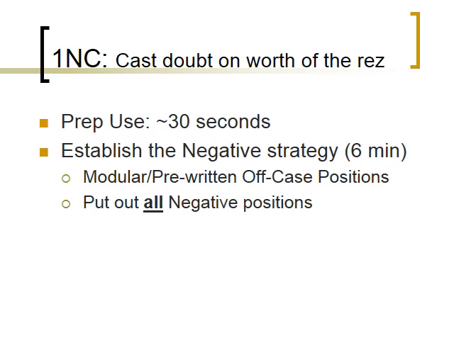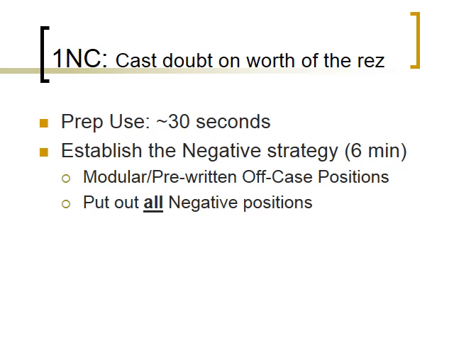I also put a note on this slide that says put out all of the negative positions in the 1NC. Back in the day, it was common for negative teams to save their counterplans or their disadvantages for the second negative constructive, rather than doing them in the 1NC. I think that's actually a poor strategy, and the reason is those are your offensive arguments.